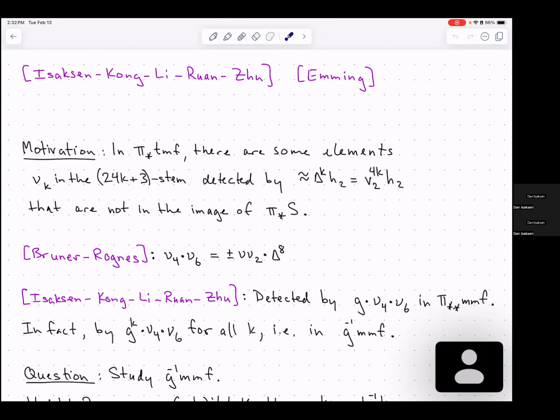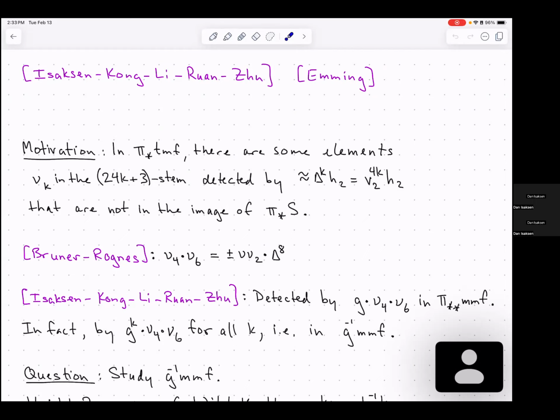The product turns out to be nu times nu 2, in the 51 stem, times delta to the 8th, in the 192 stem. But there's this plus or minus. Their methods couldn't decide the sign. They knew it was almost what it was, and it generates the Z/4, but you just don't know which generator.